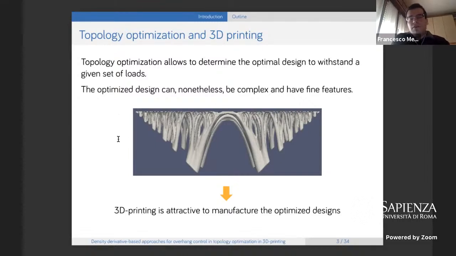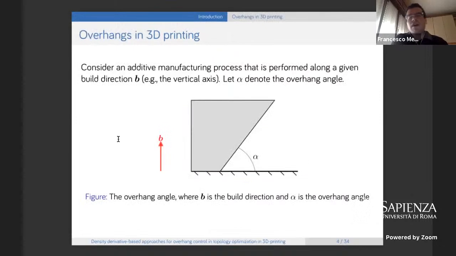And therefore, the flexibility of 3D printing is very attractive in order to be actually able to manufacture these designs. However, we have the problem of overhangs, so we will not spend too much time on this, as it was thoroughly introduced by the previous speakers.